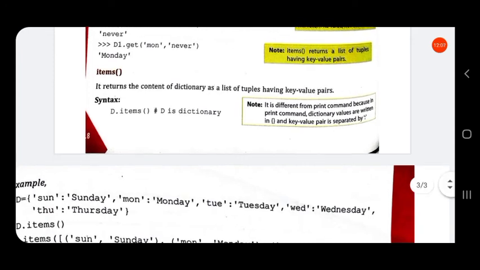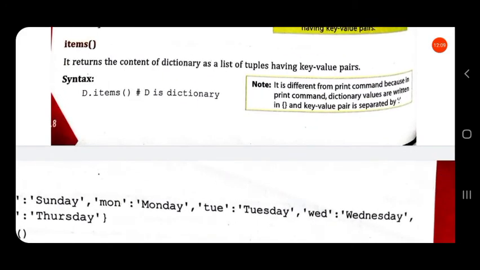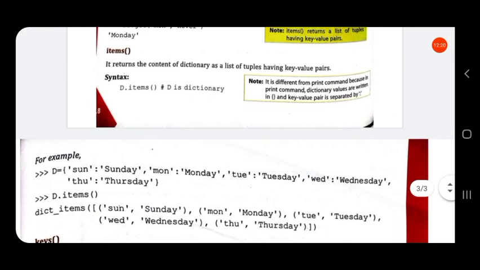The next function is the items function. The items function returns the content of a dictionary as a list of tuples having key value pairs. So the items function returns the key value pairs in the form of a list in which each key value pair is enclosed as a tuple. A tuple is always enclosed in parenthesis.